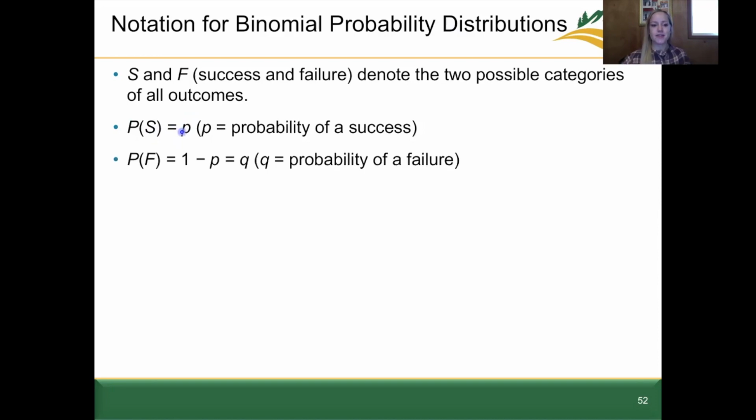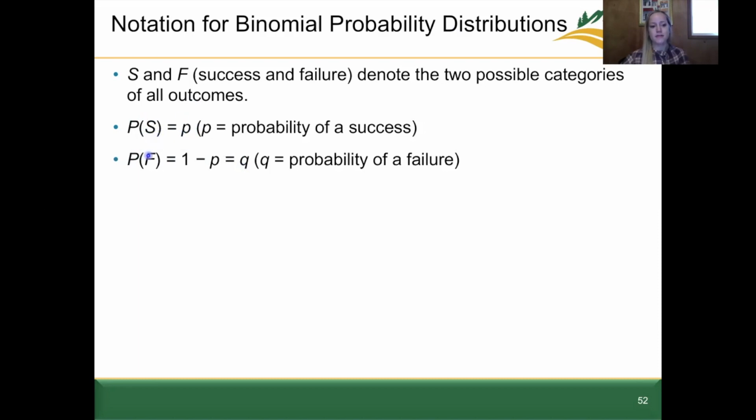Then alternatively, instead of writing out the probability of a fail each time, we write out lowercase q, because lowercase p and lowercase q need to equal 1 because they're complements of each other. Every outcome here has to either be a success or a fail. So remember, our successes are represented by lowercase p, the probability of successes.